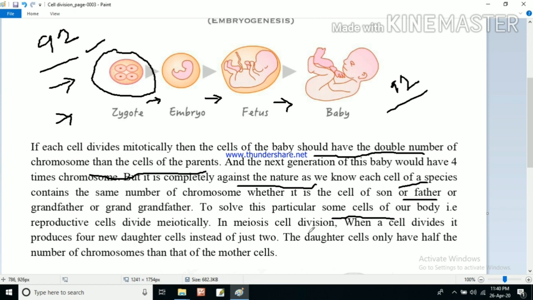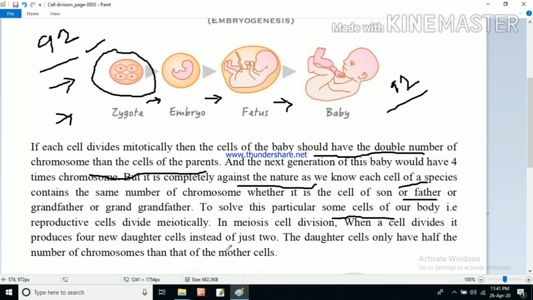In meiosis, what happens? When a cell divides, it produces 4 new daughter cells instead of just 2. In mitosis, we have seen one cell divides and forms 2 daughter cells, but in meiosis one mother cell divides and forms 4 new daughter cells.